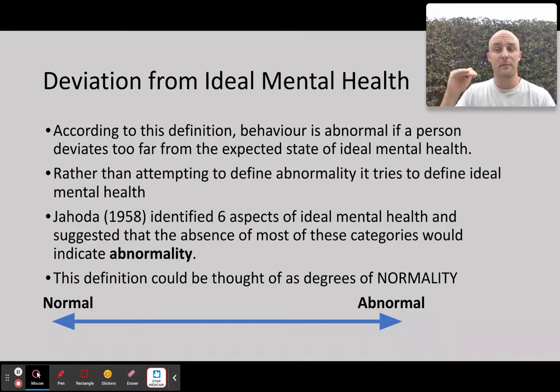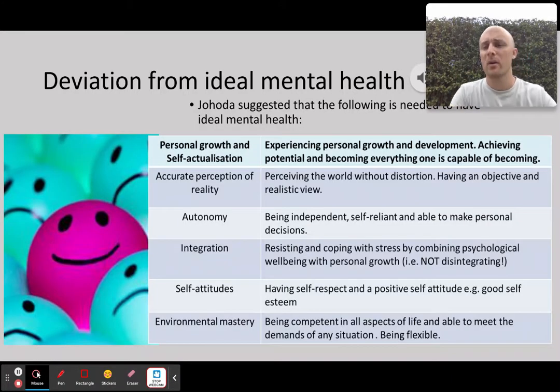And if you don't have them, the more you don't have on the checklist, the more abnormal you are. So rather than trying to define abnormality, it's trying to define what good mental health is. So this gives us something to aim for here, right? Remember, the more of these you miss, the more abnormal you are. Now, I'm not going to go through all of these.